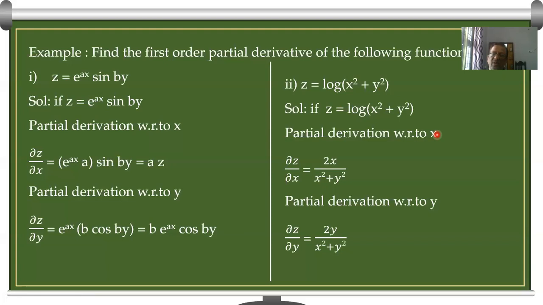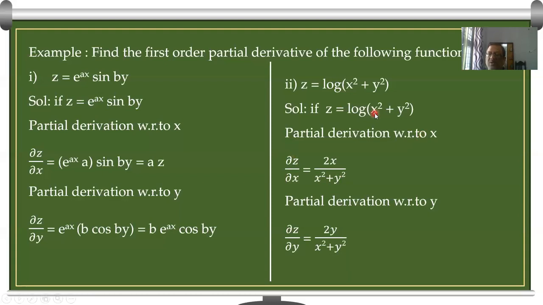We know that the derivation of log f of x is f dash x by f of x, function derivation by function. If the given function is a logarithmic function, that is the derivation formula.